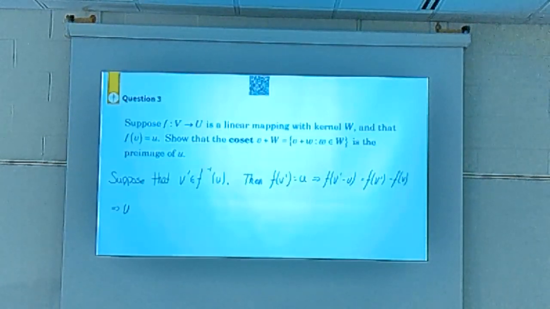And f of v has to be u, because that's the definition of f. u minus u is 0. v prime minus v has to be in the kernel, right? Because it maps to your 0 vector.